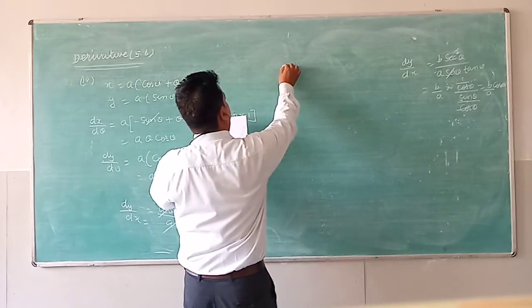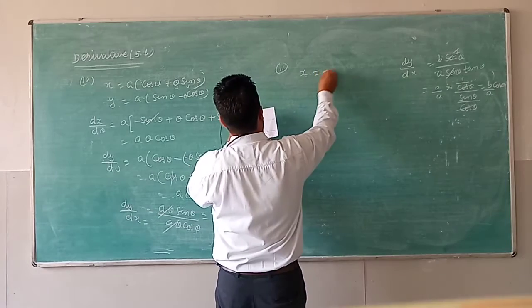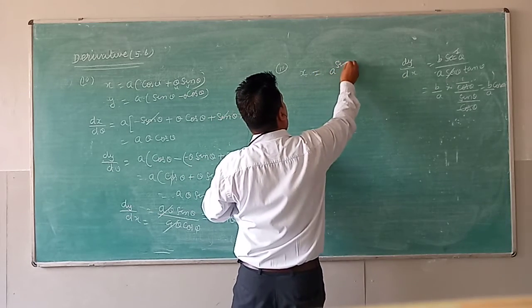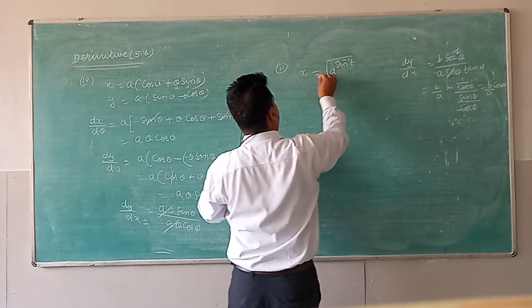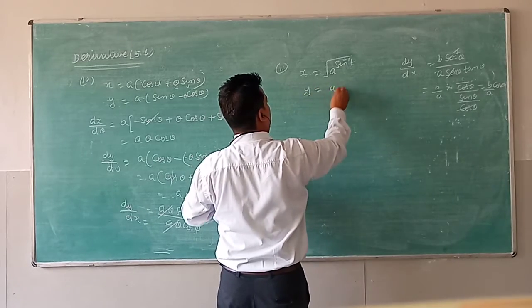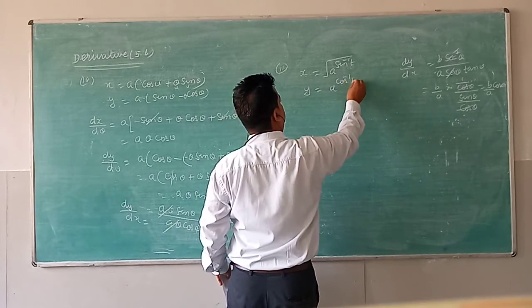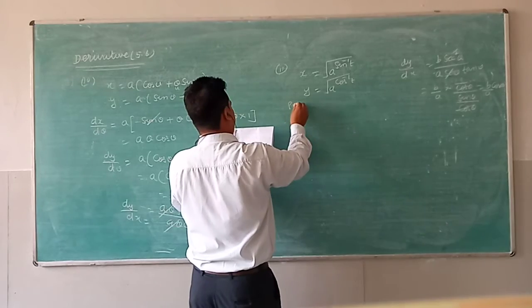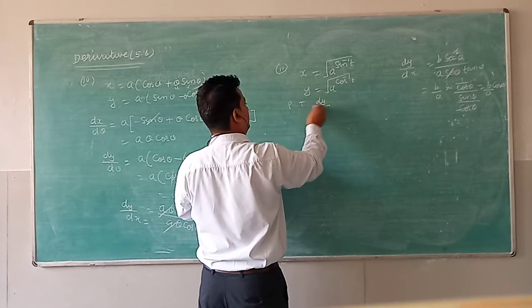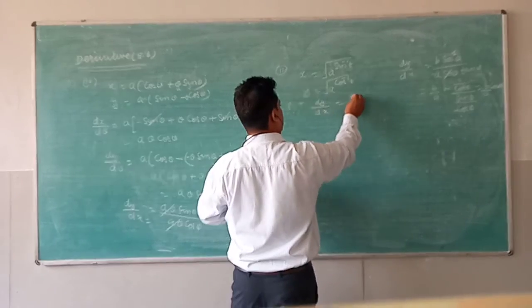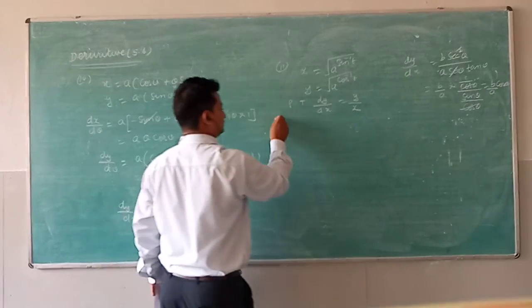In question number 11, the statement is x is equal to a to the power sin inverse t, y is equal to a to the power cos inverse t. We are required to prove dy upon dx equals minus y upon x.